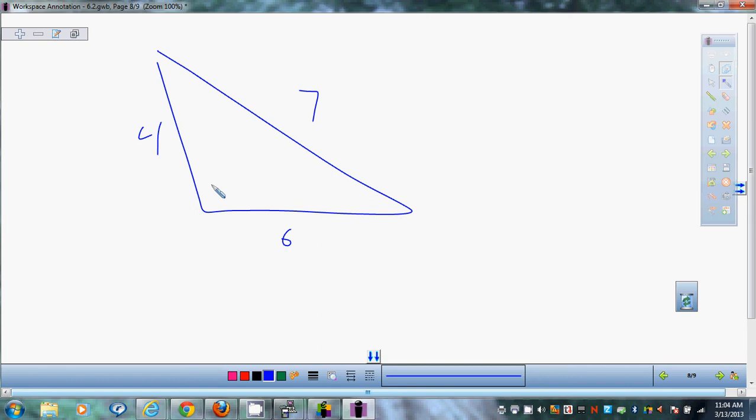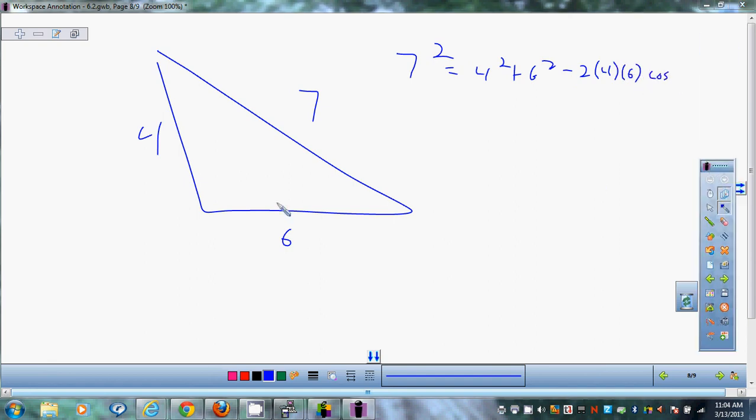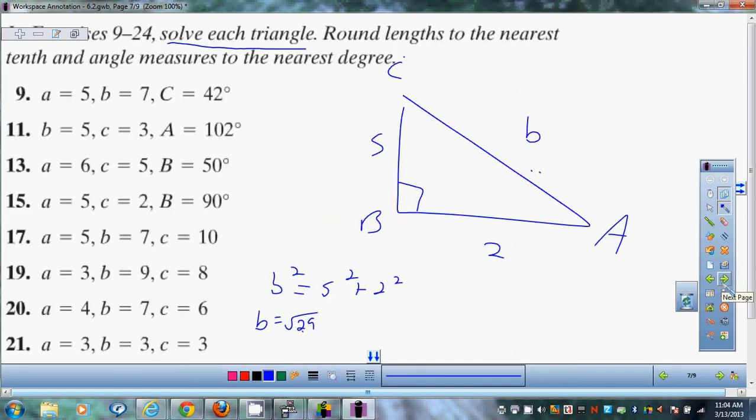7 squared equals 4 squared plus 6 squared minus 2 times 4 times 6 cosine of, I guess we have to label this. What was the 7? 7 was the B. Cosine of B. 49. 16 plus 36 is 52. Hey, this is very similar to the last one we did. And I saw people doing the cardinal sin of the law of cosines and subtracting right here.